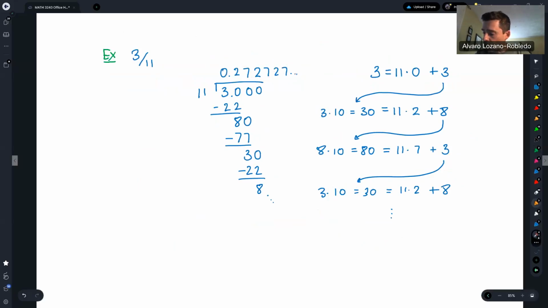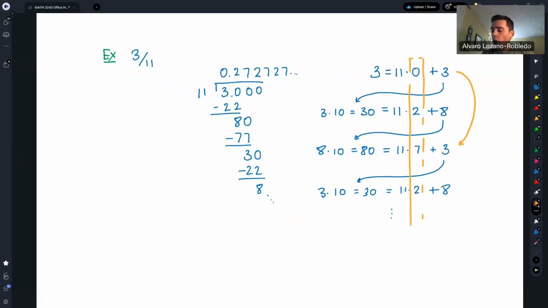Another thing to notice is that this column here is actually the decimal expansion. But the reason for the repetition came from the fact that this number repeated itself. So what's that number?